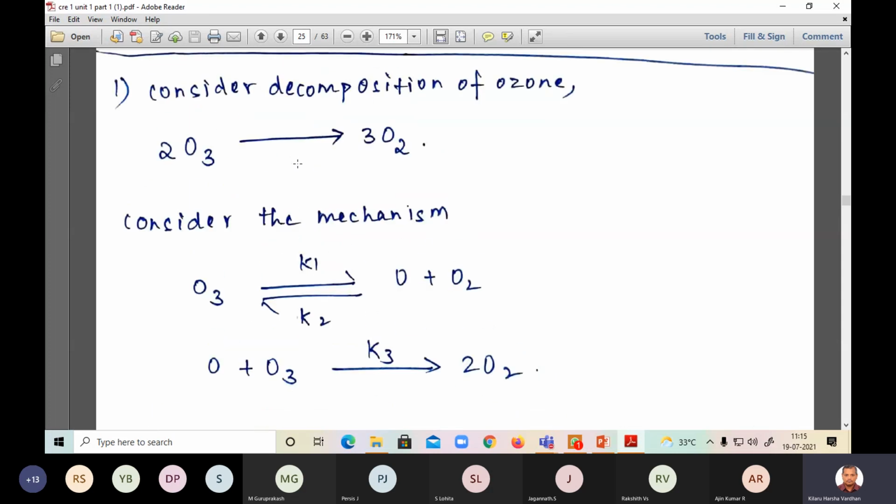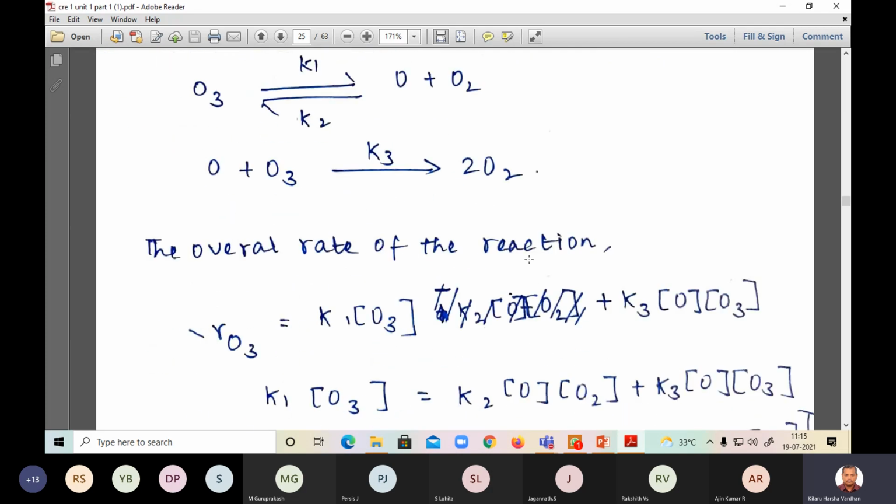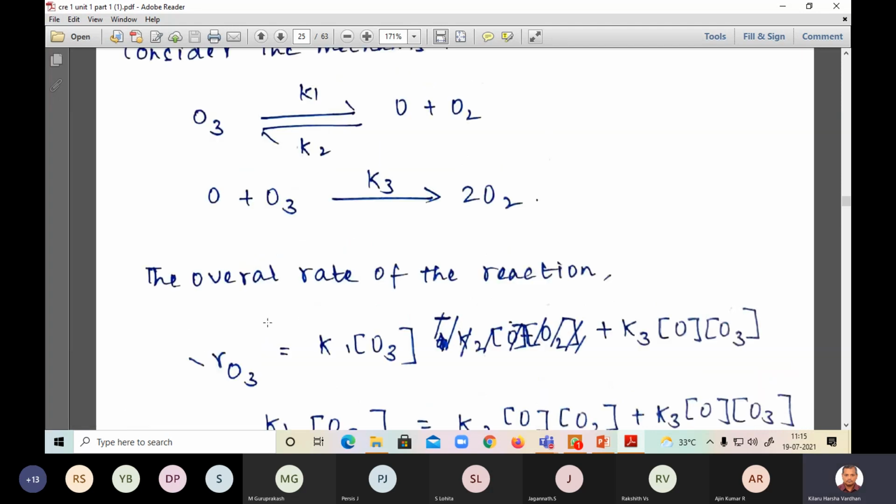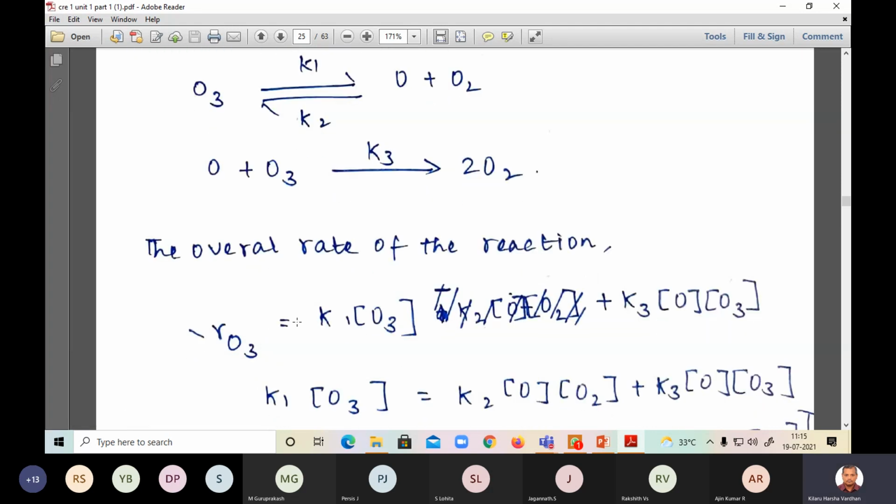Now again, we write the rate of decomposition. So net rate of decomposition is what decomposition is asking you, that is overall rate, minus RO3. Minus RO3 is nothing but where it is formed and where it is removed. We are writing for a negative first, so net rate of disappearance is disappearance minus appearance.